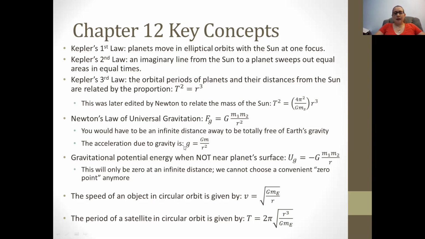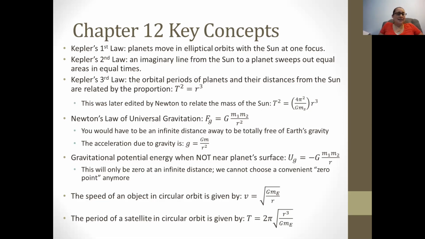The acceleration due to gravity is big G times the mass divided by the distance squared, right? Because F equals ma, so a equals the force divided by a mass. So force divided by mass 2. Gravitational potential energy, we have to revisit this because now we are not necessarily near the surface of the planet.